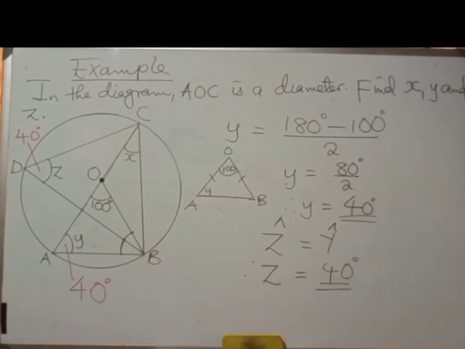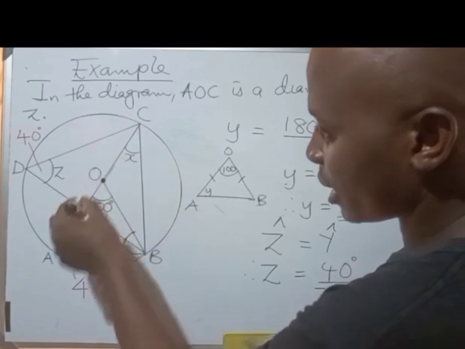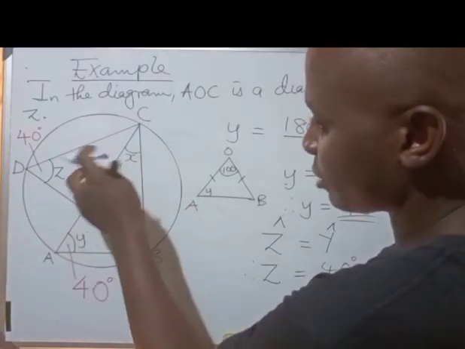Basically, to find the angle X, maybe I remind you of something. We also need to have the basic knowledge to do with angles, more especially the ones you learned in your previous grade. One of the concepts I'm bringing here has to do with angles on a straight line.